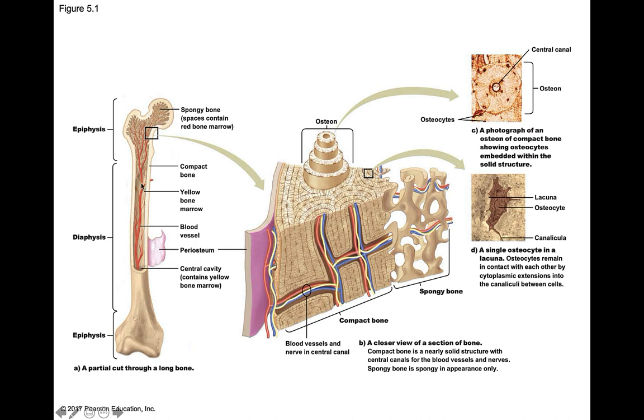Very well vascularized. That's important. Now, yellow bone marrow typically is going to be found within the compact bone within the shaft, and then within the spongy bone, and we'll talk about the differences there in just a second, that's where the red bone marrow is. Okay, so there's an awful lot on this diagram, but it's important we take the time to introduce this terminology.